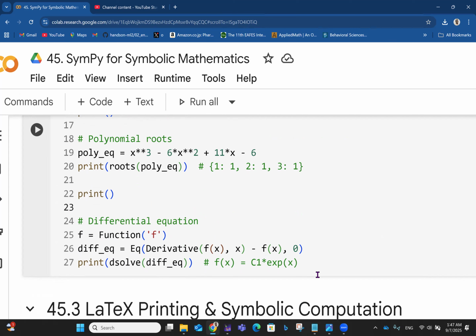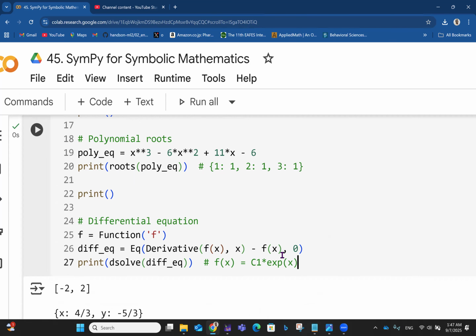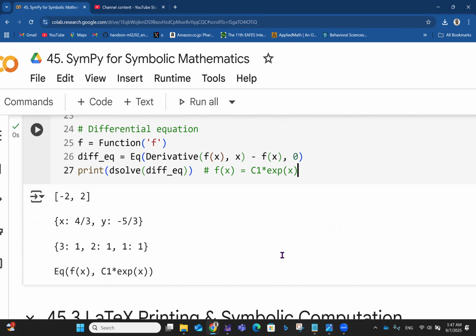And that's going to give us something like C1 exponential x. So you have derivative f(x) minus f(x), like that. We run this and we get all these results, right? So you have f(x) equals C1 exponential of x, like that.